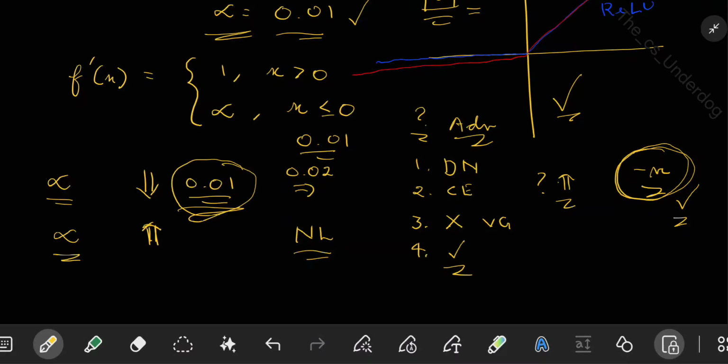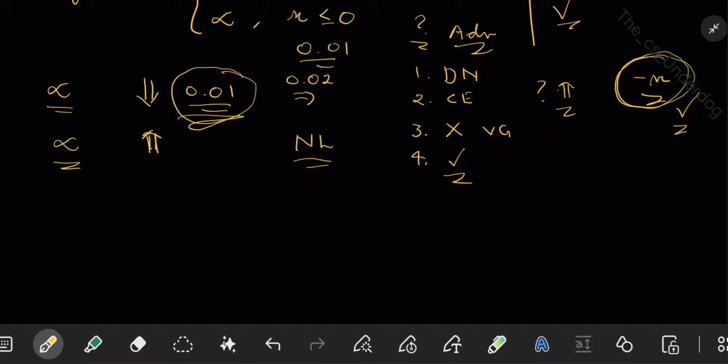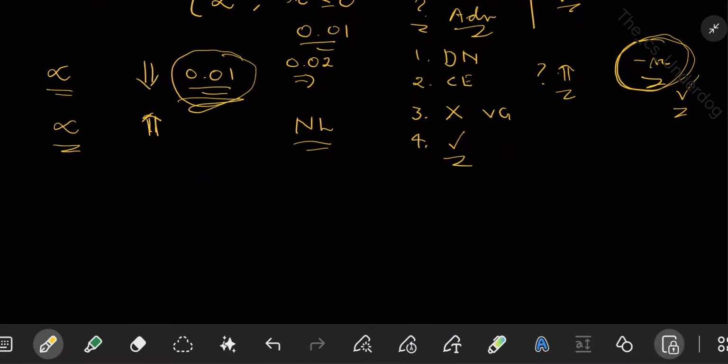activation function. Let us also understand what are the problems with this. Then only we'll understand what more improvement should be done, what more activation functions are there. So in order to understand those, you should understand what are the problems with this leaky ReLU activation function. So the first problem is that the alpha or the hyperparameter that you are newly introducing, this is the next big problem.